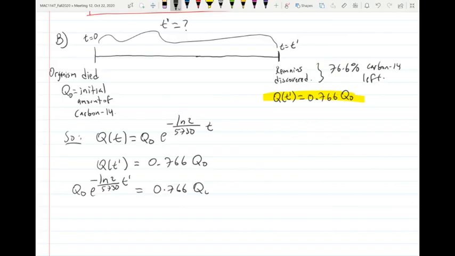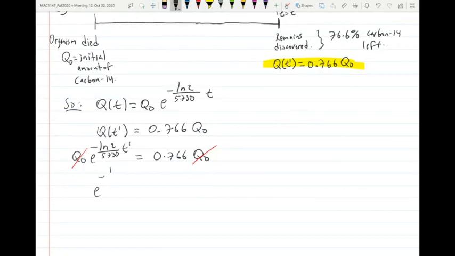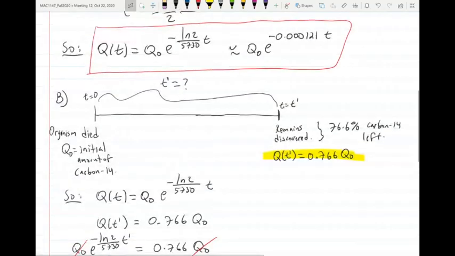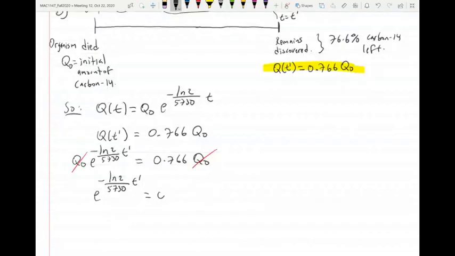And now we solve. Again, the initial amount is irrelevant here. We don't need it because it cancels out. So we have e to the negative ln of 2 over 5730. If you like, you can work with the negative 0.00121. It's just that I prefer to work with the exact value. You should always work with the exact value whenever possible.